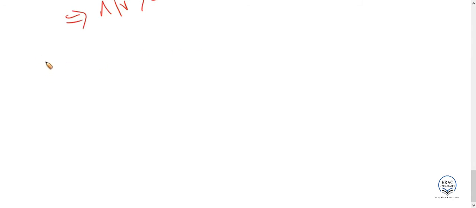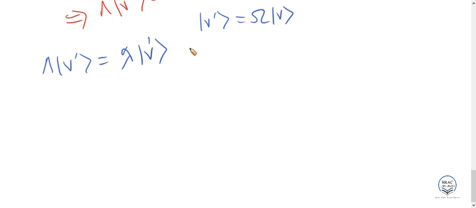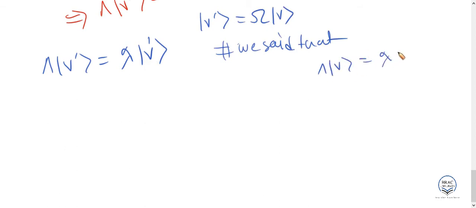So let me just write a summary of it. We are seeing that capital lambda v prime is equal to small lambda v prime, where v prime is now omega v, but we said that capital lambda v is small lambda v, right?